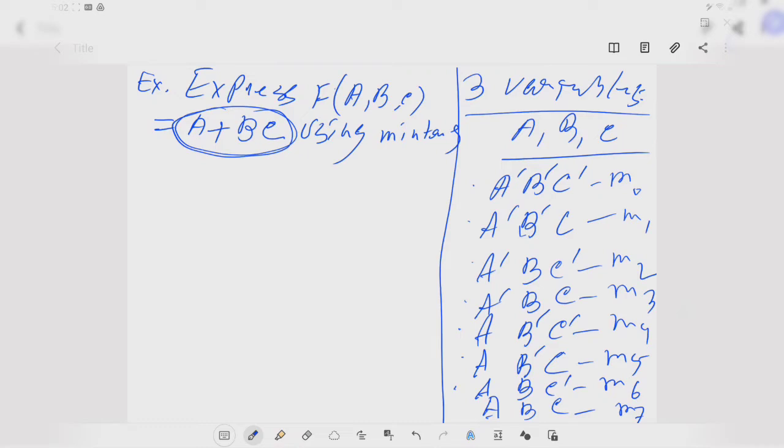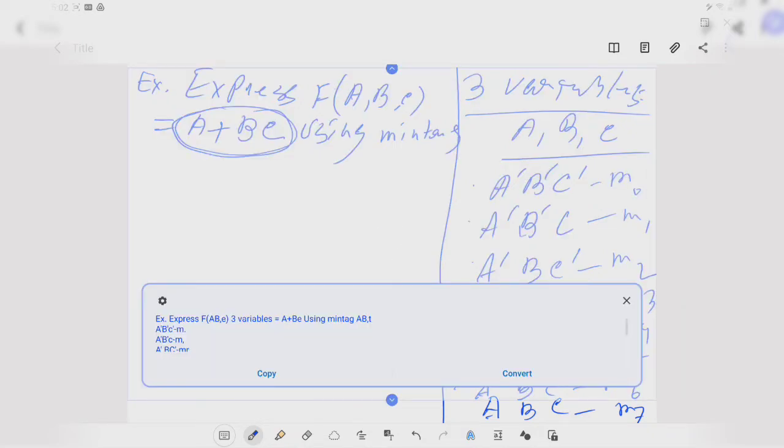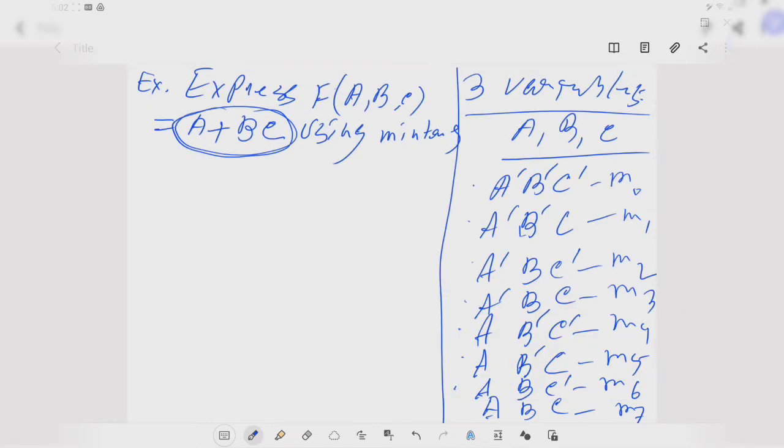There are 2 ways of doing that. Let's work with the first way. We are given a plus b c.